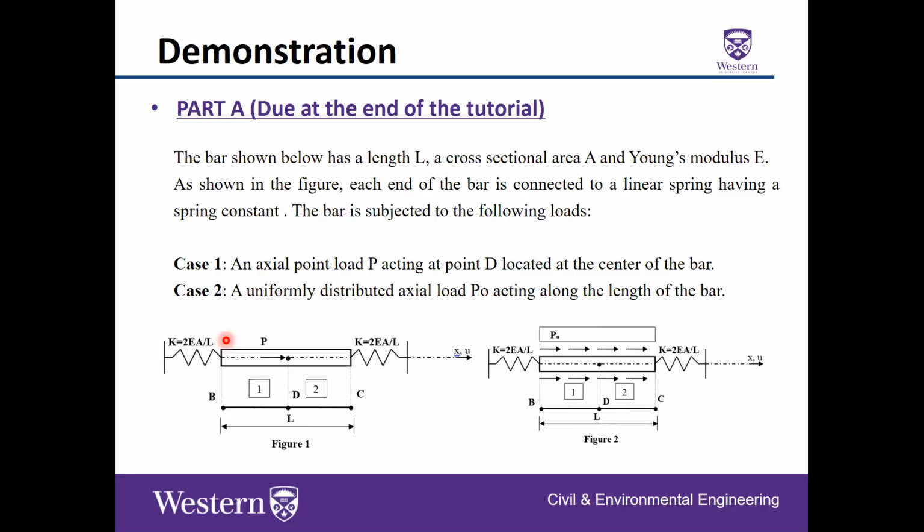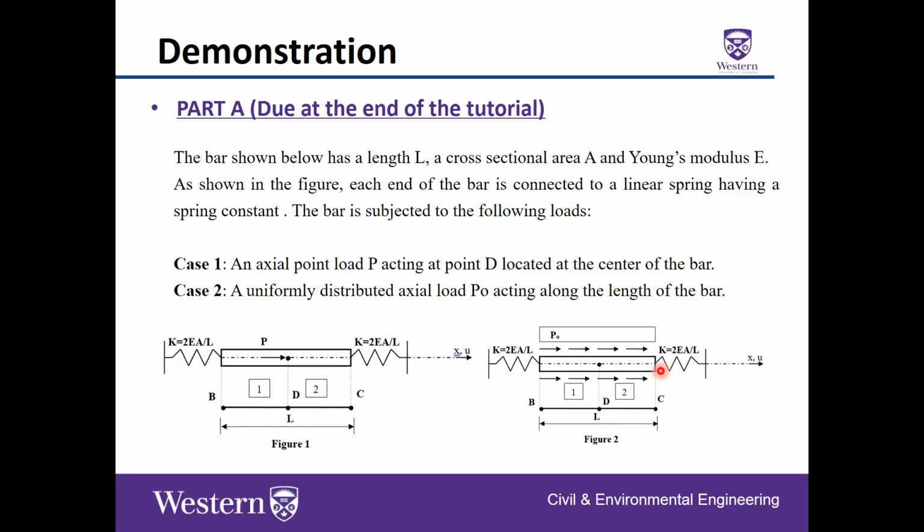In the exam and in the quizzes, you will not have this one because this is too easy, or you will not have only the other load combination because it's also too easy, very straightforward. But you might have a combination of two, or you can have a combination of two and another third different load as well.